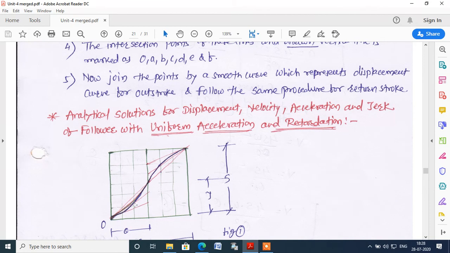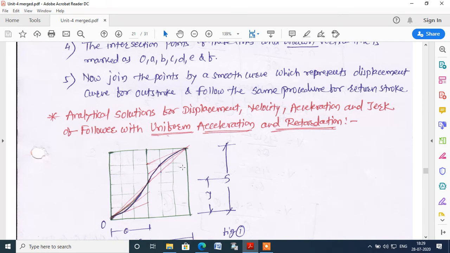So like this you have to mark the points, and we get all the small points a, b, c, d, e, f. Now join the points by a smooth curve, which represents the displacement curve of the outstroke, and follow the same procedure for the return stroke. So this way we have to draw the displacement diagram.